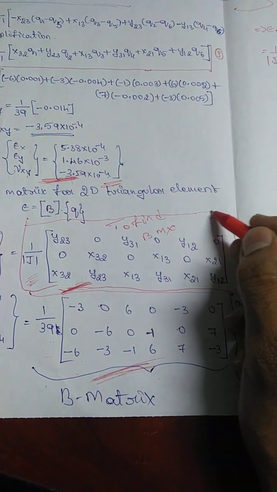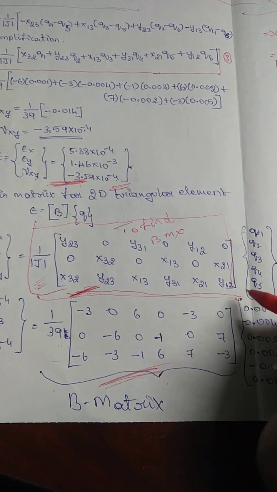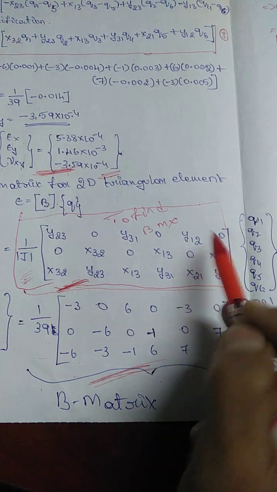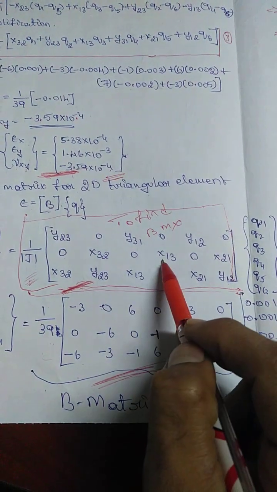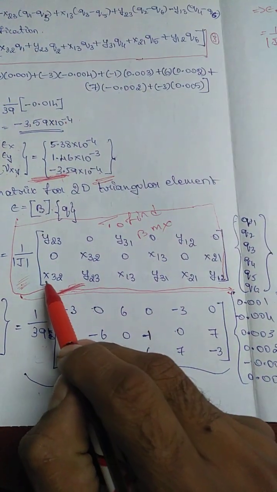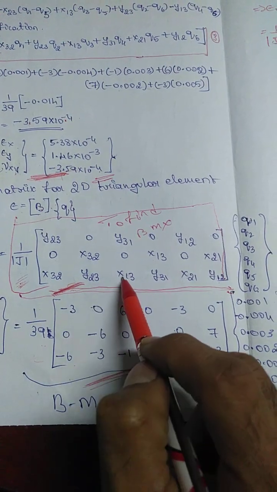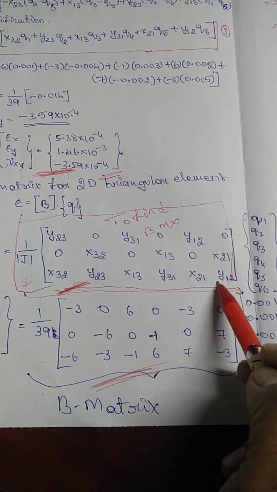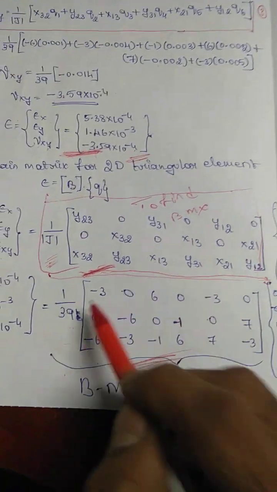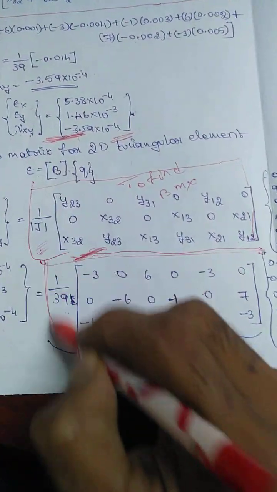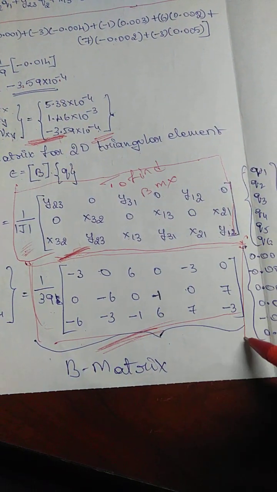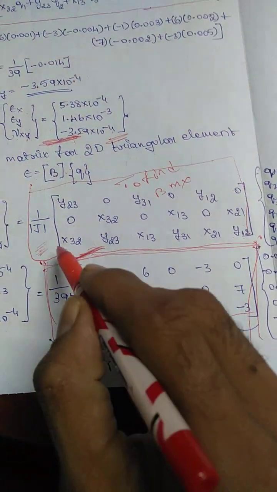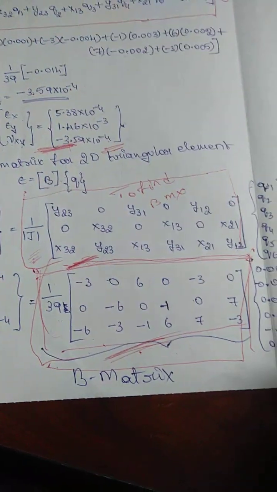See here: y23 0, y31 0, y12 0; 0 x32 0 x13 0 x21; x32, y23, x13, y31, x21, y12. So this is your B matrix. Substitute the values in this B matrix, that is sufficient. They asked only to find the B matrix, so this is your B matrix. If you do this, that is sufficient for you. Thank you.